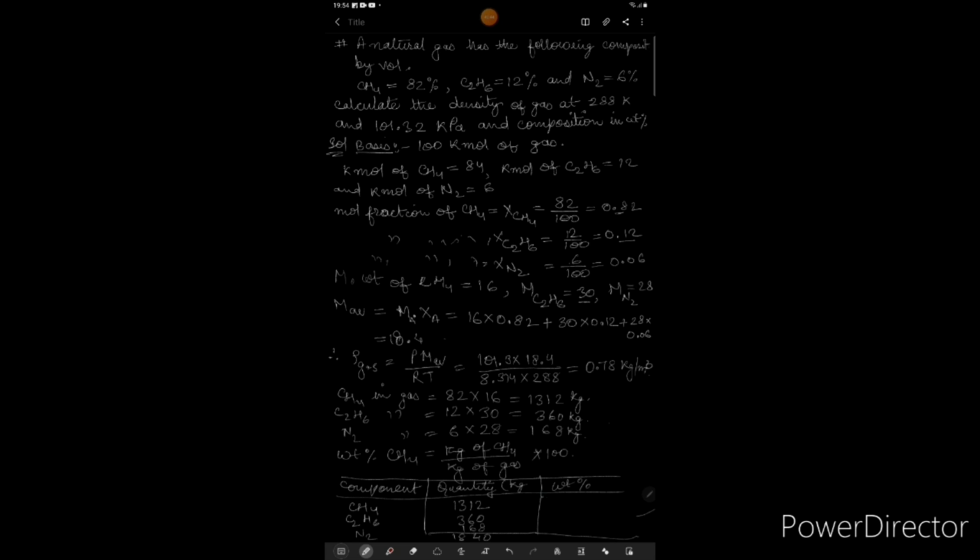So weight percent of CH4 is 1312 divided by 1840 into 100% equal to 71.3%, and this is 19.6% and this is 9.13%. Total is 100%. Okay.